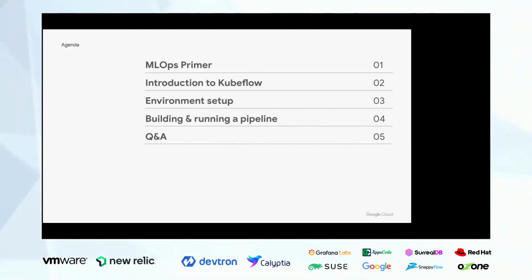Then Joinal will take us through in-depth details of the Kubeflow components, and he'll also explain how we set up the environment. Then Harish will walk us through how to build and run a pipeline. And in the end, if we have any questions, happy to take those.